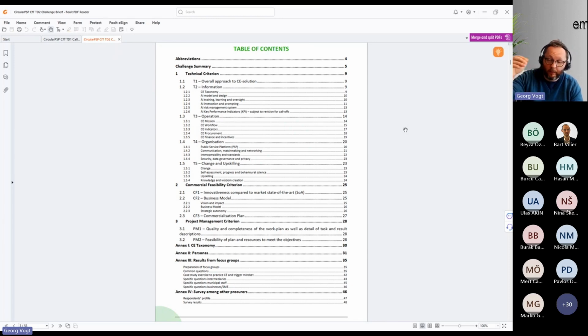Now, where is the limit of understanding required? We do not ask you to document or comply to any given final regulation. The mission is a high-level view on circular economy for a city.